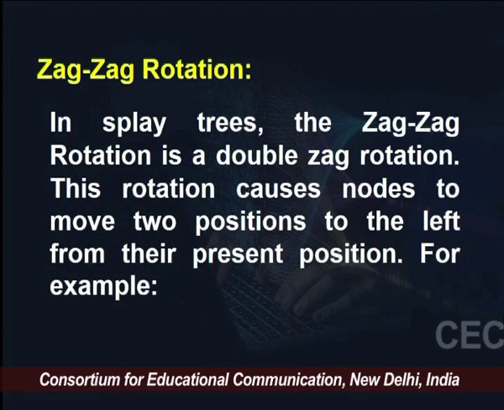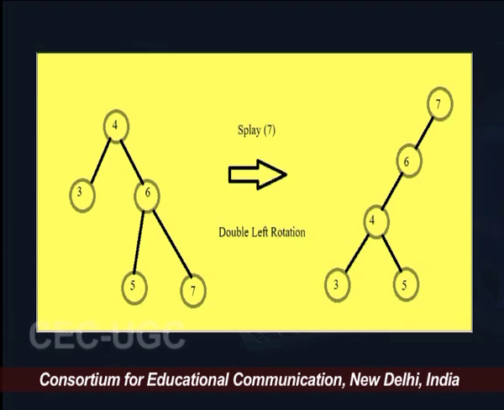So, for example, here is a double zag rotation which is performed on the node 7. That is why we have named it Splay 7. So it is a double left rotation. In the first zag rotation, 7 will take the position of 6.